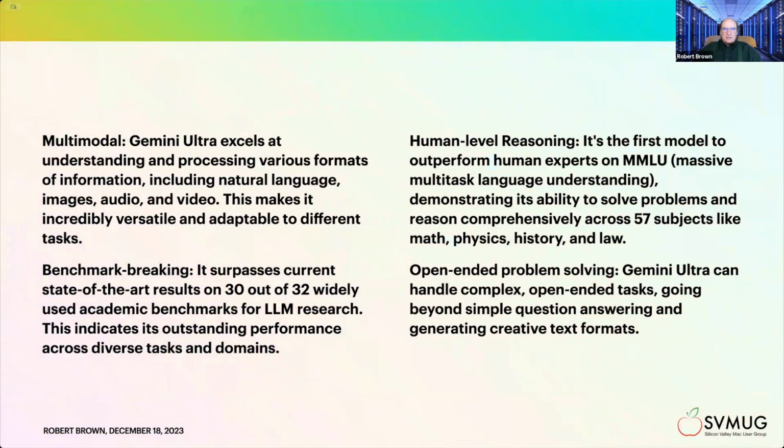No one has tested it outside of Google, but they do say that it is doing quite well. So we'll just have to see. Claims like that it is beating everybody on math, physics, history, and law, and so forth.